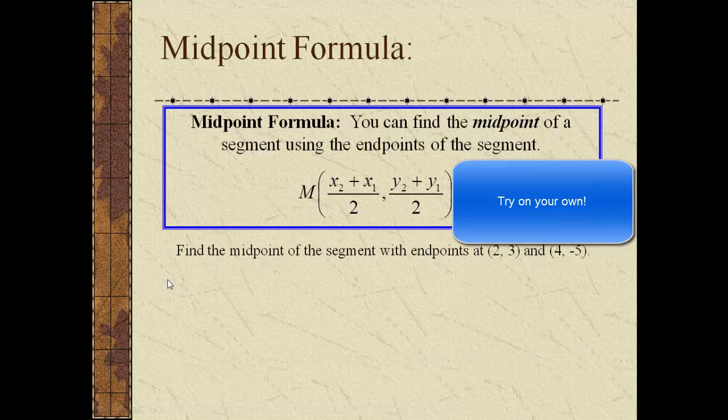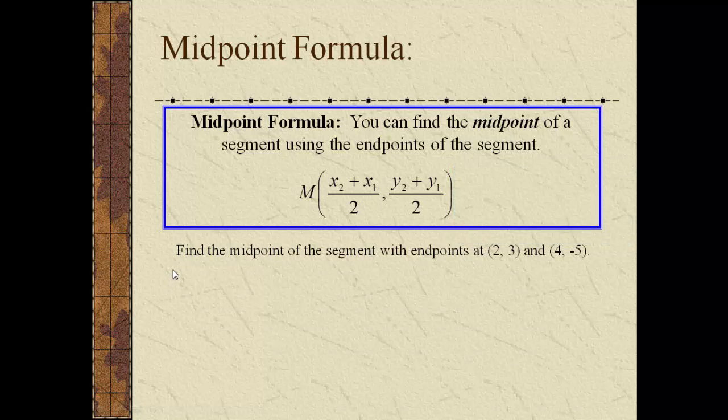Find the midpoint of the segment with endpoints at (2, 3) and (4, -5). Step 1 will be plugging in your values into your x1, x2, y1, and y2. Now we need to add our x's together.